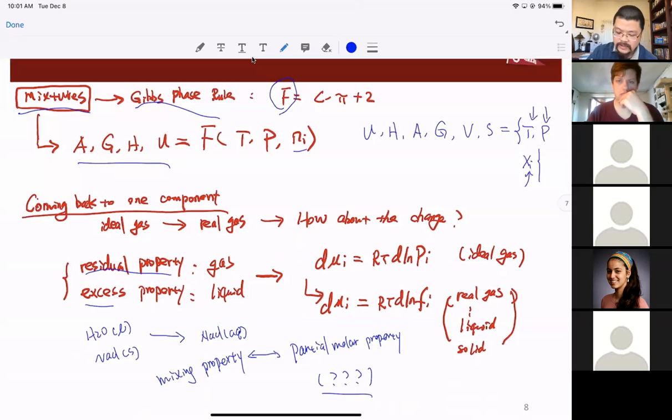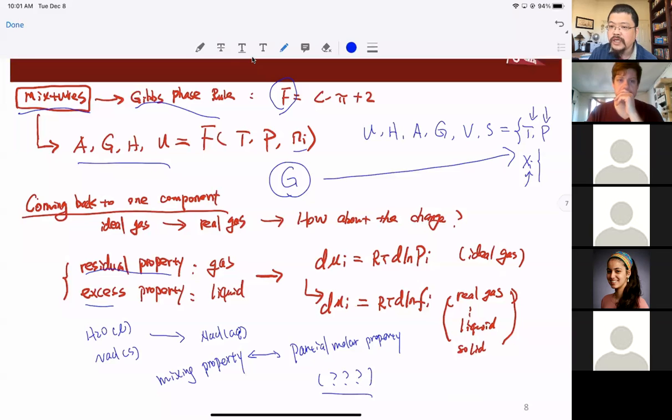You may say that, well, I have the Gibbs energy as you told us up front. Yes, but Gibbs energy is not too easy to measure. What we are capable of measuring would be temperature, pressure, composition, right?